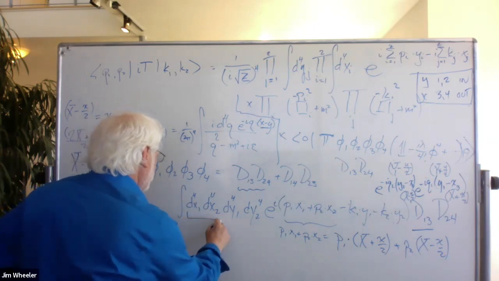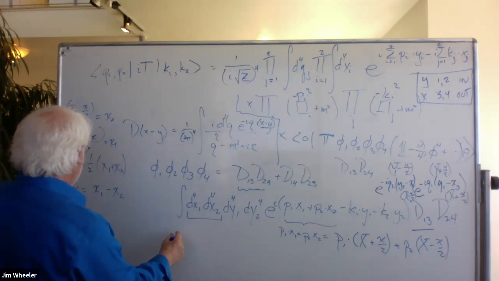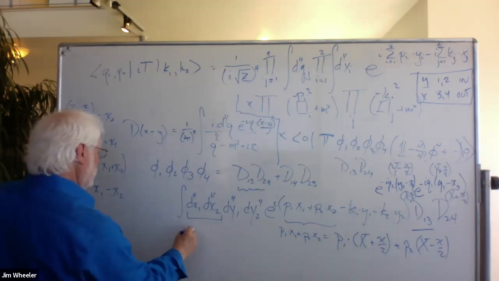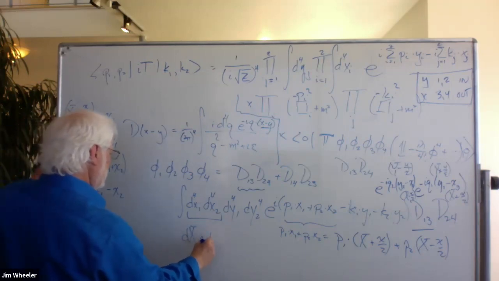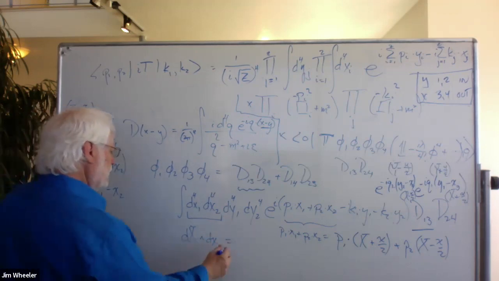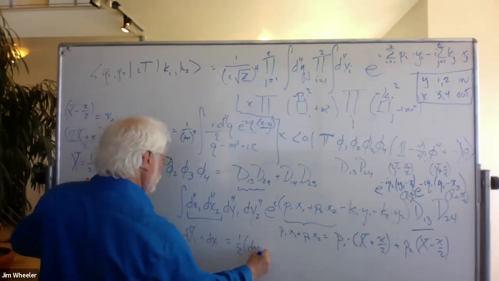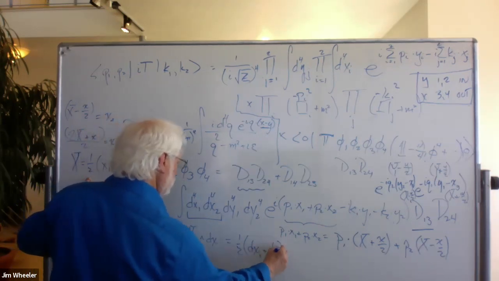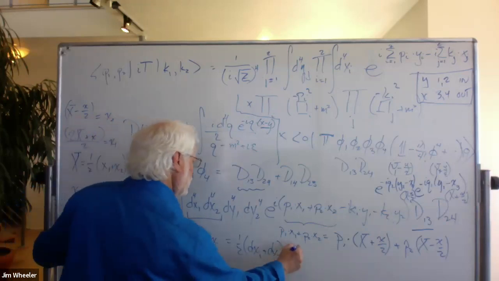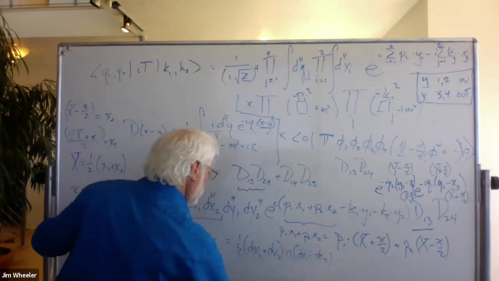We also need to worry about these volume elements. So if I look at the capital X wedge the little x, and think of them as differential forms, then I'm going to have a half dx1 plus dx2 wedged with dx1 minus dx2.